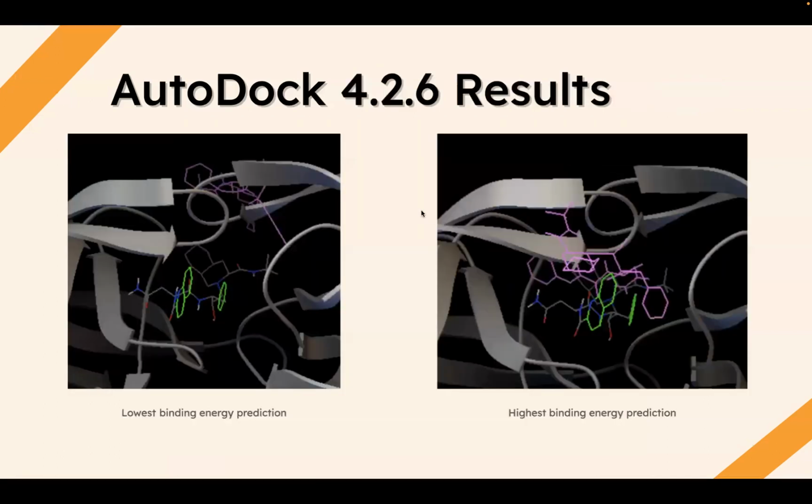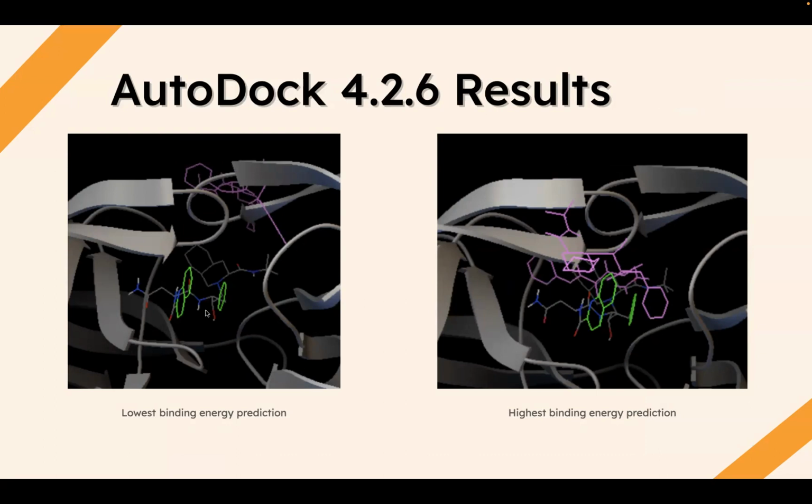Whereas with the regular AutoDock 4.2.6 version, I ran 70 conformations of saquinavir to figure out whether AutoDock could generate the binding conformation that we know crystallographically, or something close. We've got the lowest binding energy on the left, which is not similar at all.